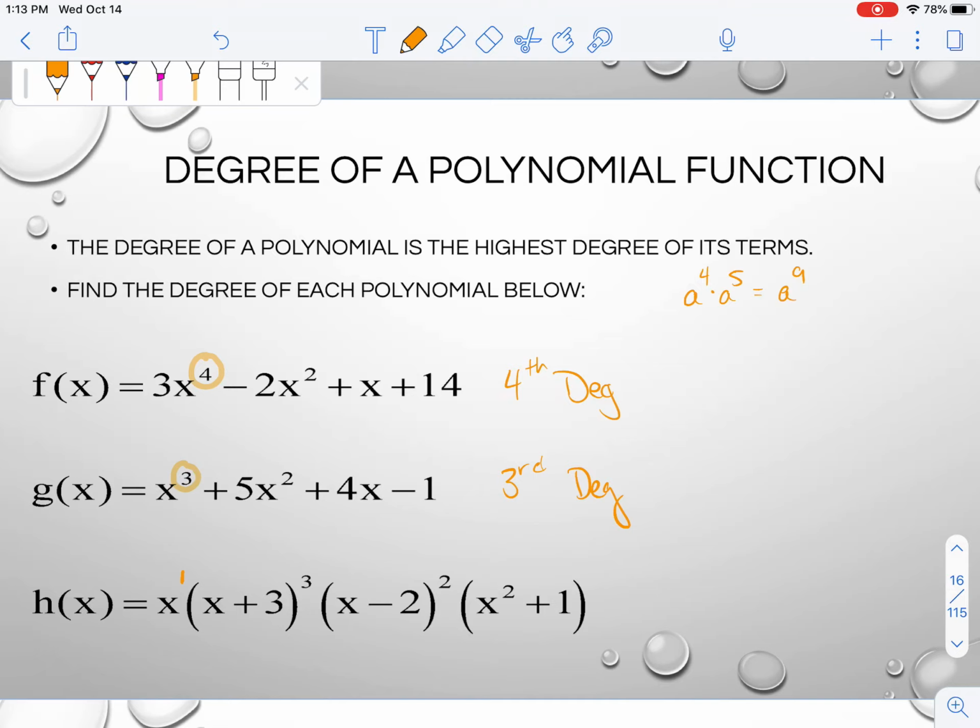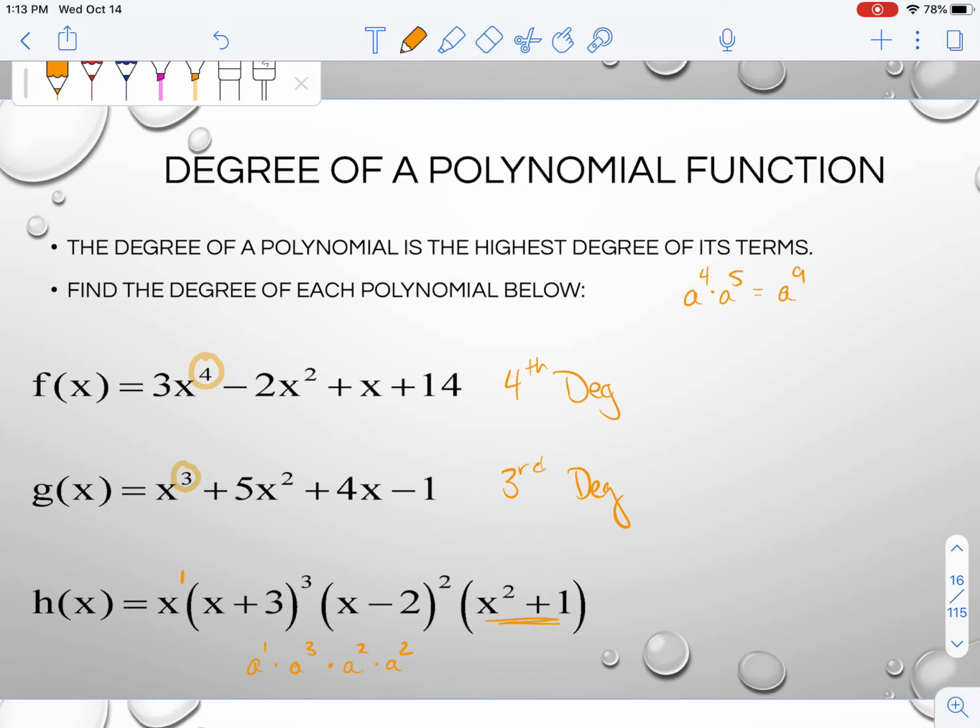So what I need to look at is the degrees of each of my individual terms. You don't need to write this out, but think of it as if this were an a to the 1st times an a to the 3rd times an a to the 2nd, and the degree of this last term is also a to the 2nd.